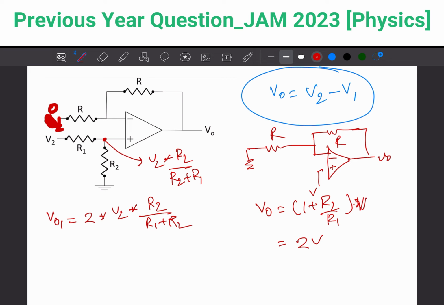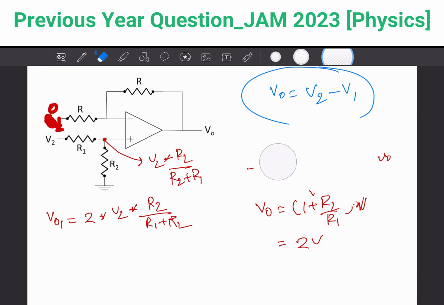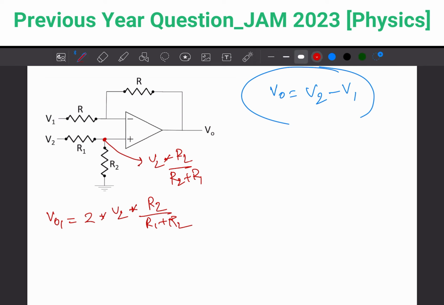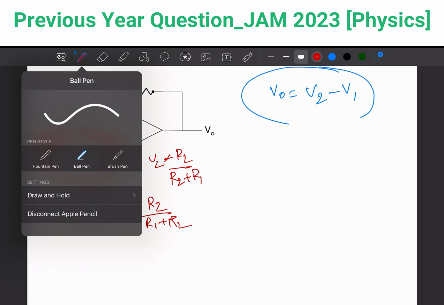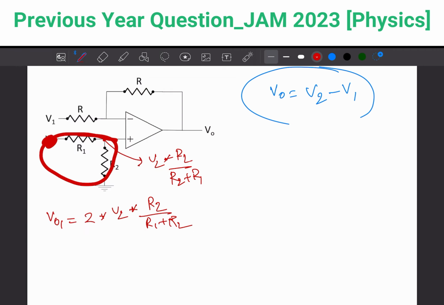This is the one thing. Okay, now let's consider the second voltage source. Now let's think this voltage is 0. This voltage is 0 means all of this is 0, as there is no voltage source. Now you can see this is just an inverting amplifier, and for the inverting amplifier, what is the formula? V02 is equal to minus of V1 into R by R, so it will cancel, so it will be minus of V1.